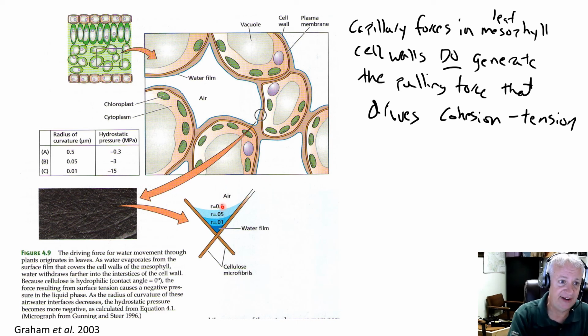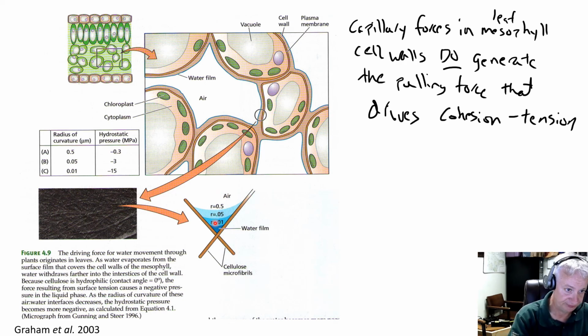As that water evaporates from those cellulose microfibrils, it forms a meniscus. This curvature between the cellulose microfibrils is a meniscus that's caused by the clinging of those water molecules to the cellulose microfibrils. Just like water in a capillary tube clings to the walls of that tube, the water clings to the sides of those cellulose microfibrils. And the more the water evaporates, the steeper that curve becomes.